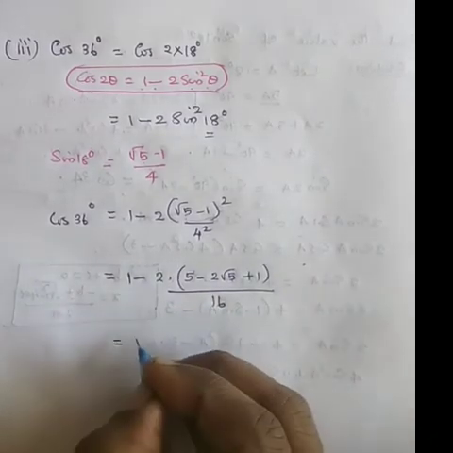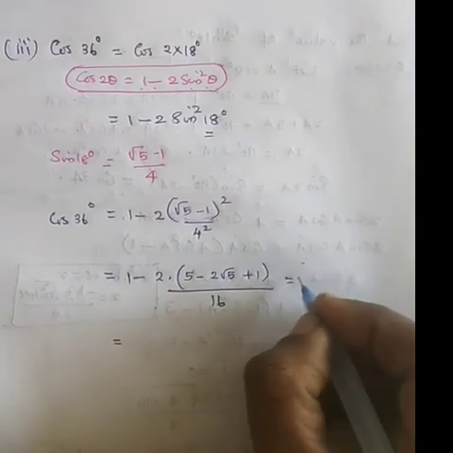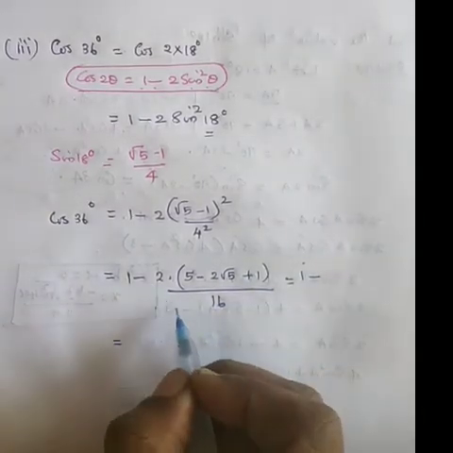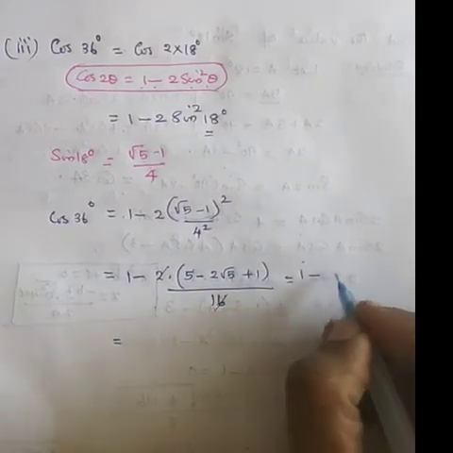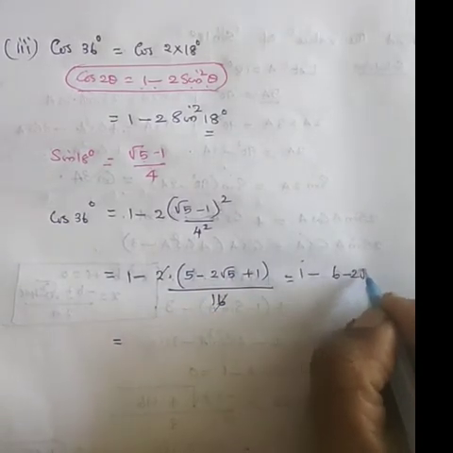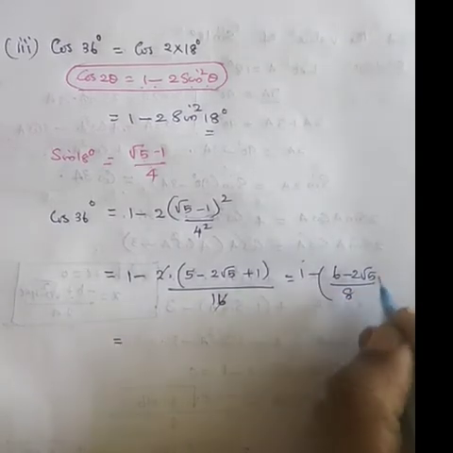So it is equal to 1 minus 2 by 16, that is 8, 5 plus 1 is 6, 6 minus 2 root 5 divided by 8.